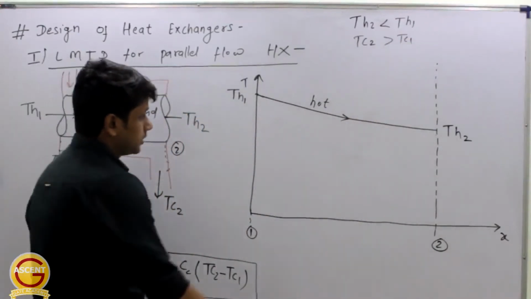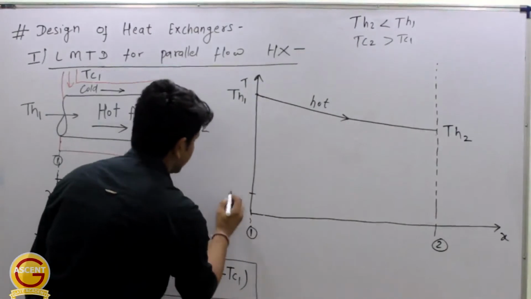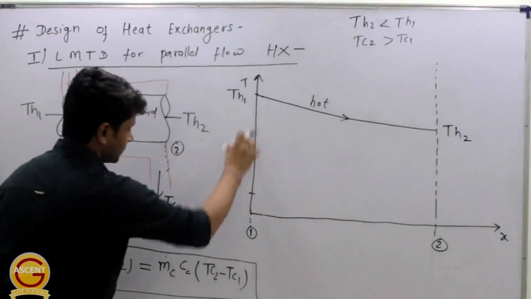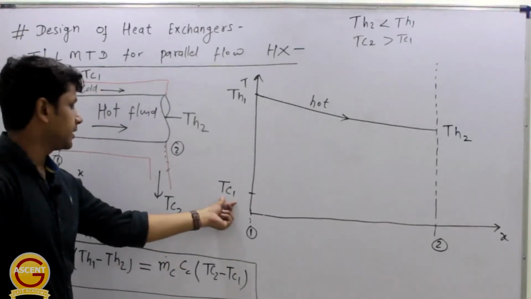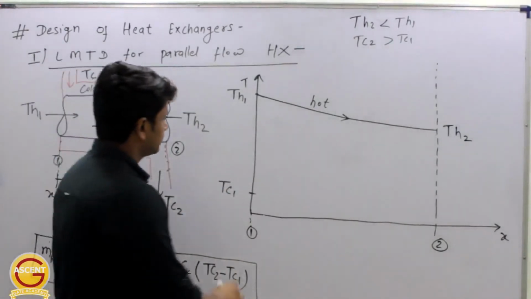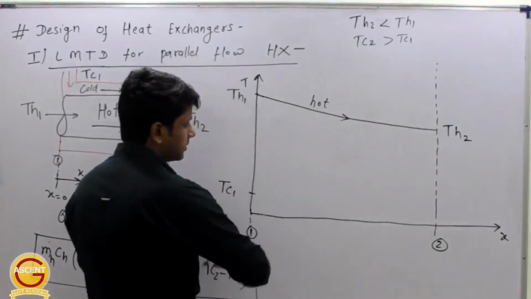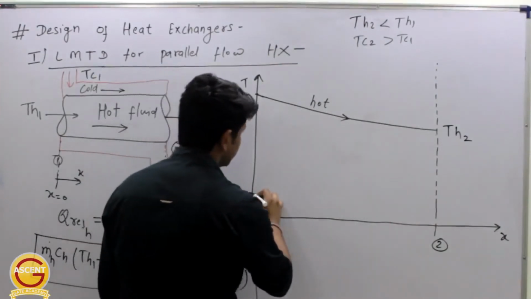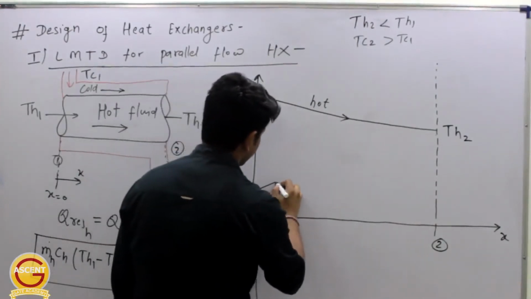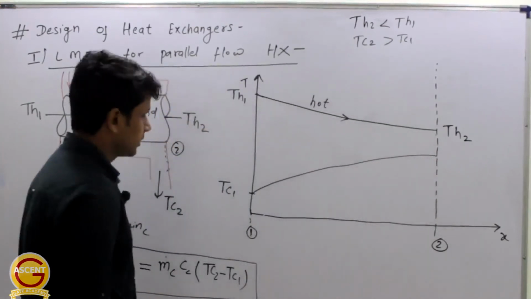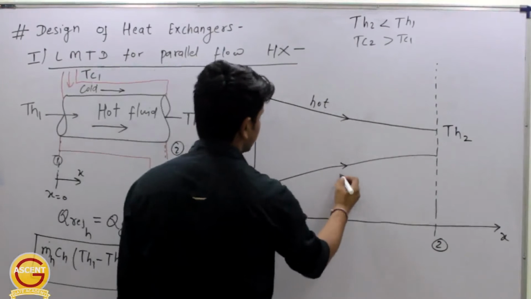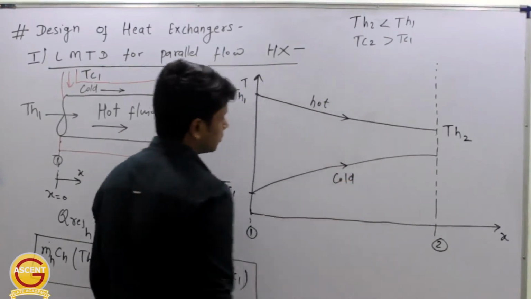Fine. So let's say Tc1 is somewhere here. Okay, it is very low. So Tc1, temperature of cold fluid at inlet. Correct? So now also the variation will be exponential, and now the temperature is going to increase. So let's say this is our temperature profile for cold fluid. Okay, in this direction the flow is occurring. This is for cold fluid.